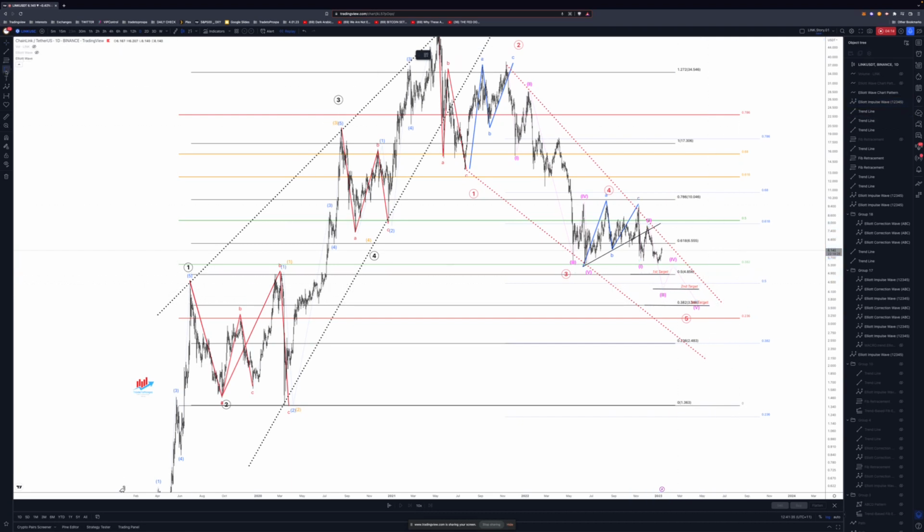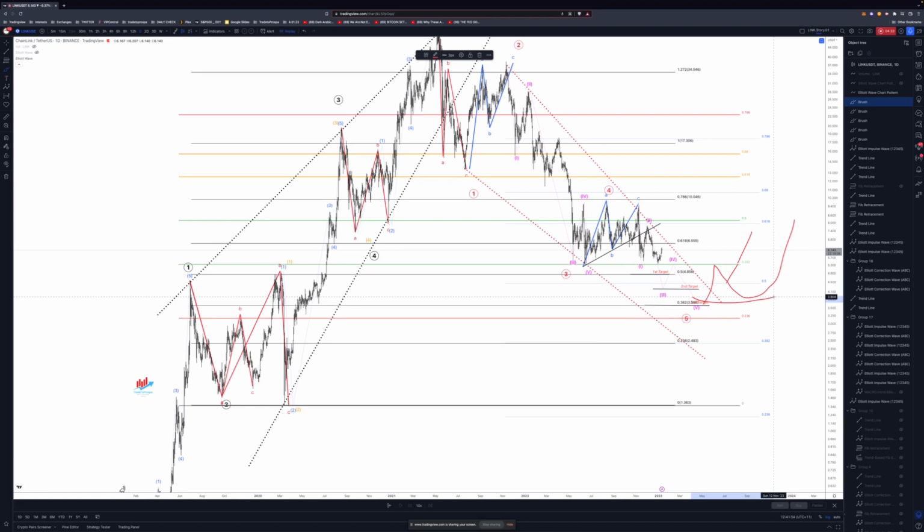So it's likely that if we get a nice bounce, we're going to break this descending wedge and probably find resistance. Then whatever formation takes place, it could be an inverted head and shoulders as well. And then up it goes. This could be a long way taking place, just like this.